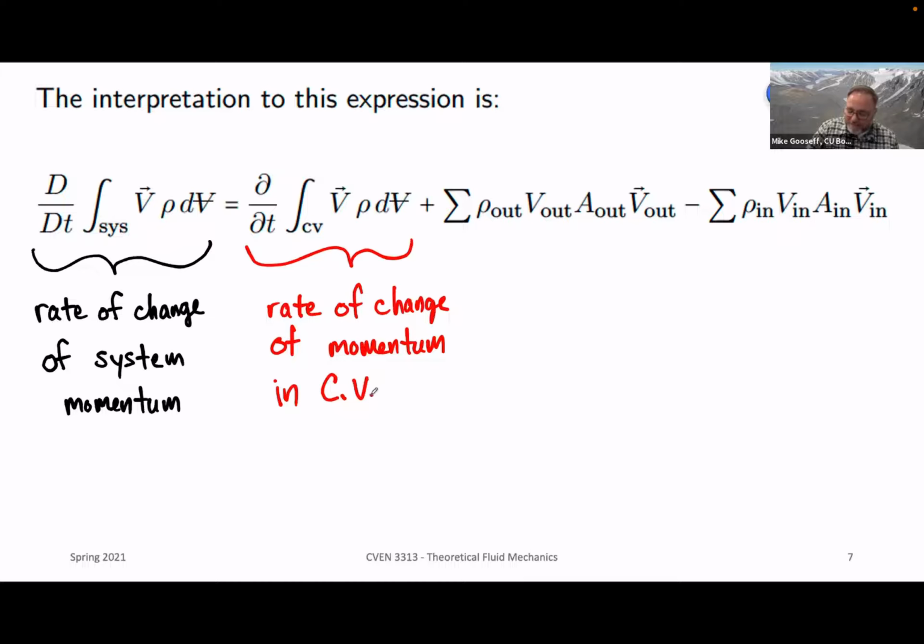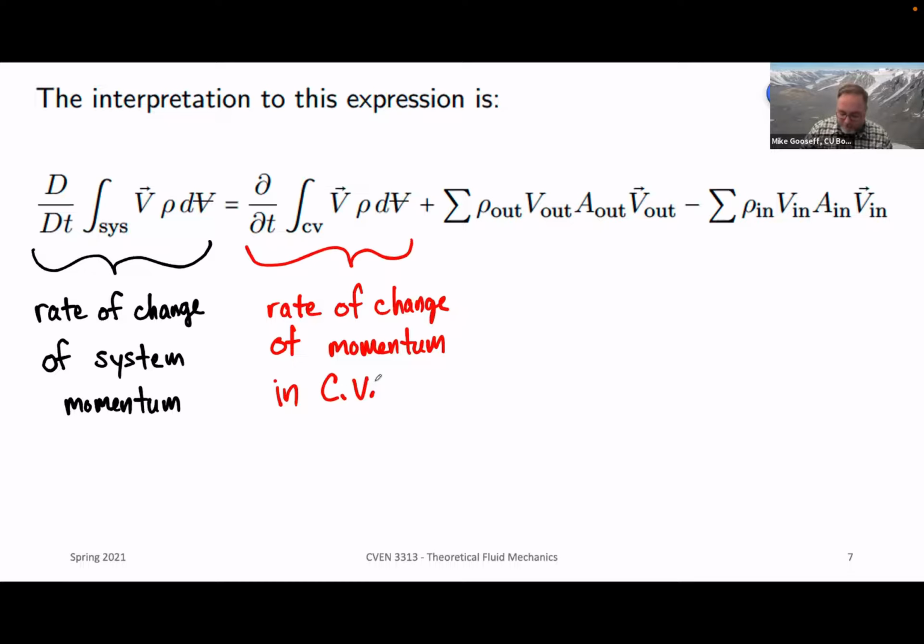Now, we could say it's stored in the control volume, but that's a little bit inappropriate in the context of momentum, because momentum includes velocity, right? So to say that you're sort of storing momentum would suggest that things weren't moving. So you could use storage if that helps, but just note that this is about what is at the moment within the control volume confines.